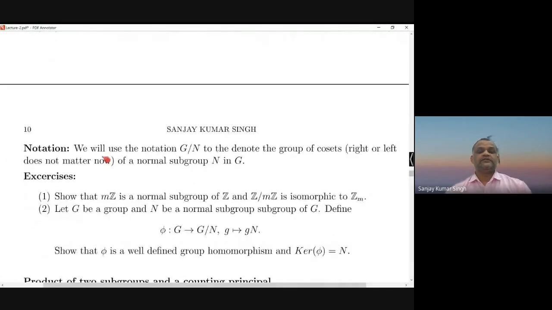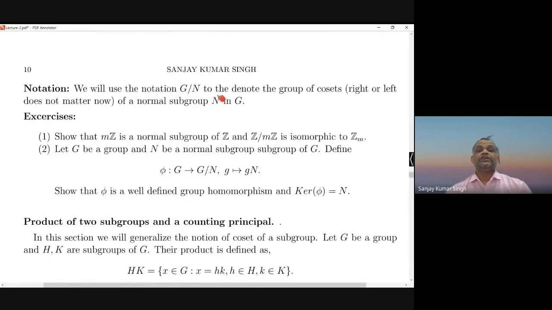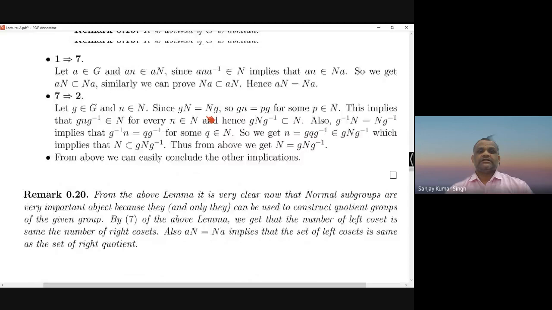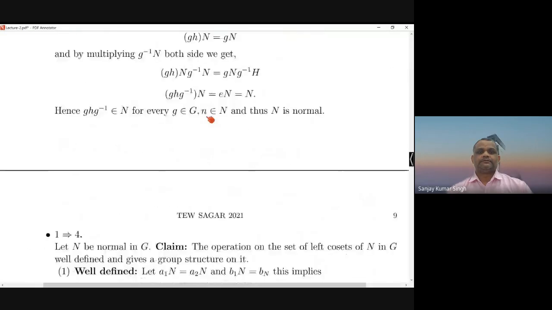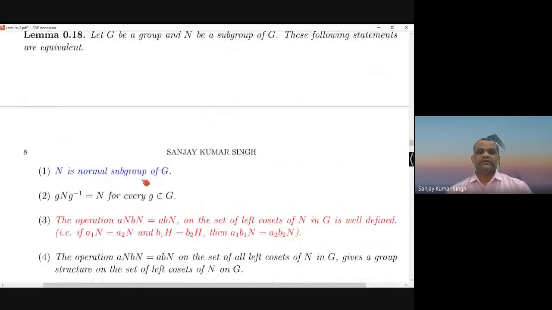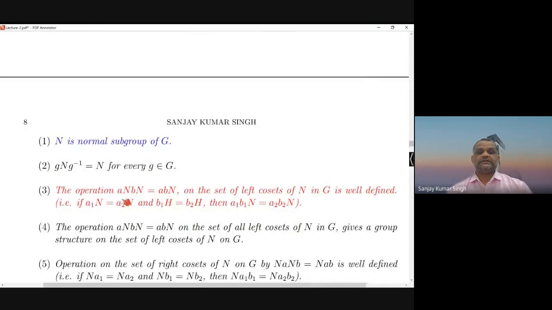So we will use the notation G/N to denote the group of cosets. I am not worrying about left coset and right coset, because in the case of a normal subgroup, left coset is the same as right coset. So this problem is solved, and I can denote this by G/N, and this is a group with respect to the operation just defined above.